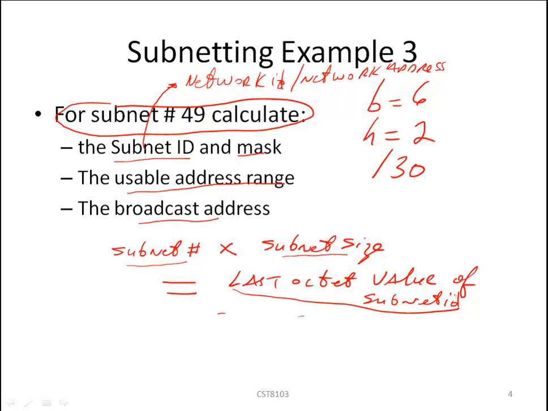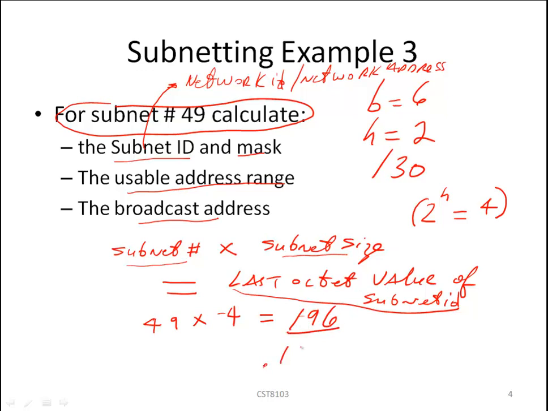So we have the subnet number. The subnet size is simply 2 to the h, and 2 to the 2 is 4. Therefore we multiply 49 times the subnet size of 4, which gives us exactly 196, and that's the value of our last octet.